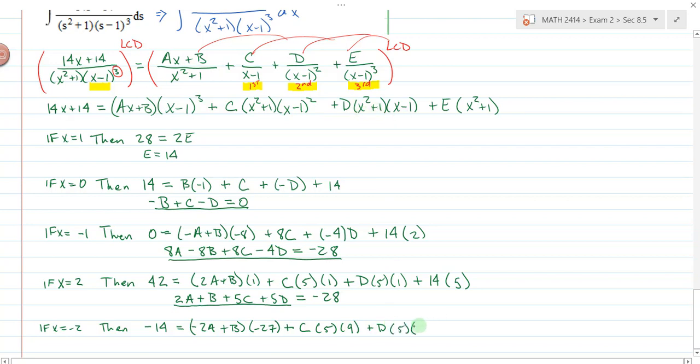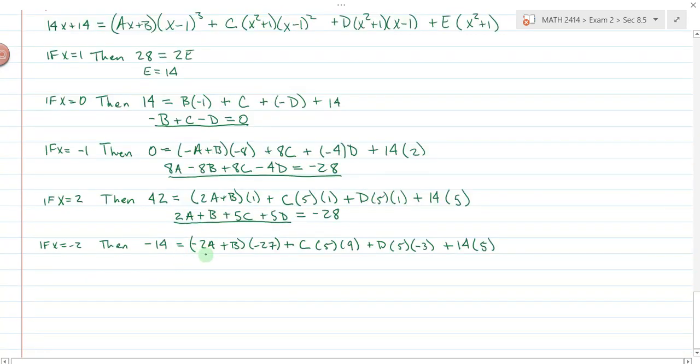And negative 2 minus 1 is negative 3. And e we said was 14 times negative 2 squared is 4 plus 1 is 5. Setting the variables equal to a constant, I'm going to be left with negative 2 times negative 27 is a positive 54a minus 27b plus 45c minus 15d equals, and this is going to be 70 subtracted, so that would be minus 84. Now we're digging back into some algebra stuff.